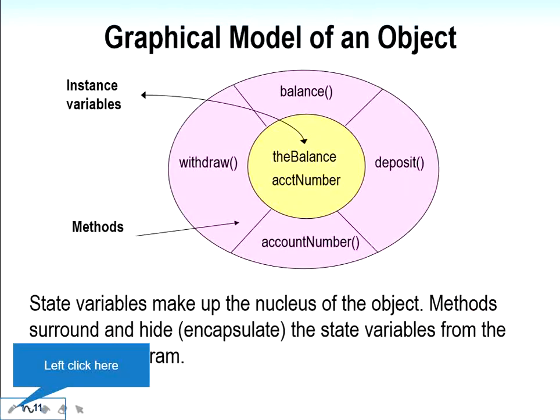Then you have this, you have withdraw, you have balance, you have deposit, all these methods are visible, but then the balance and the account number are not visible. Nobody can see balance and account number until and unless I execute balance bhanne method. When I execute balance bhanne method, I can see balance.